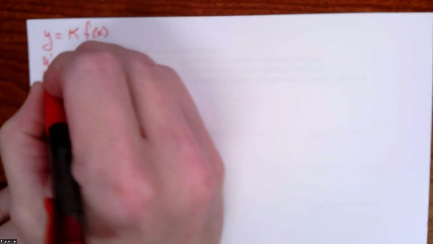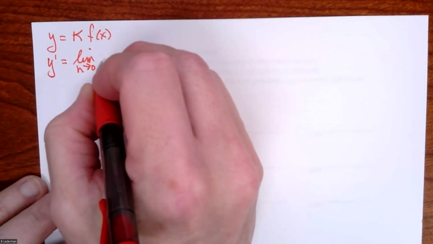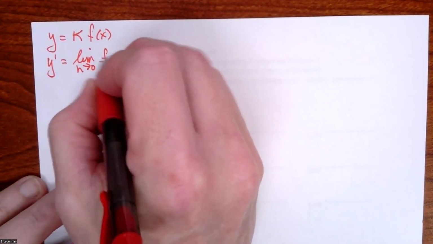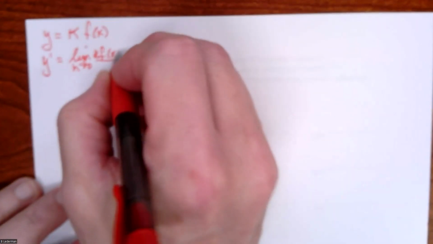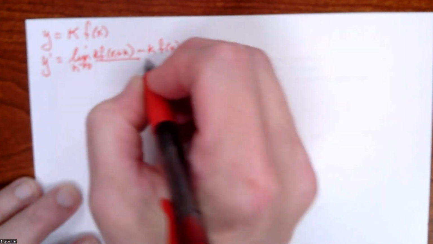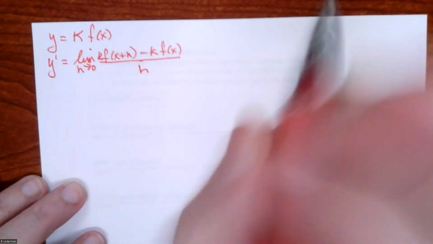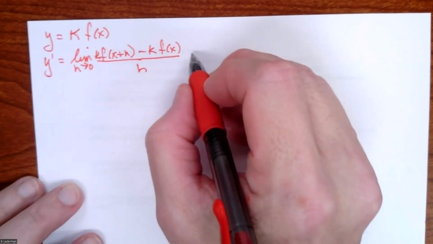Y prime is going to be equal to the limit as h goes to 0 of k f of x plus h minus k f of x over h. Now I'm going to make this even a little more clear.